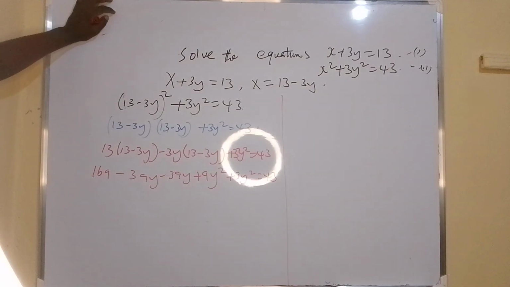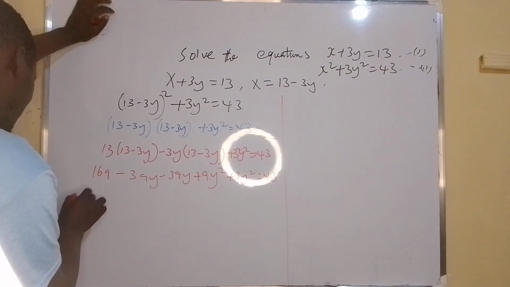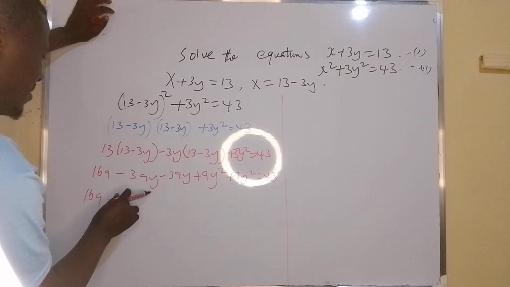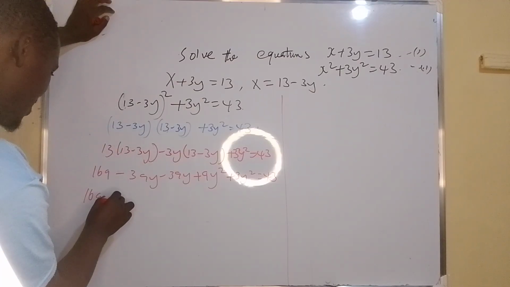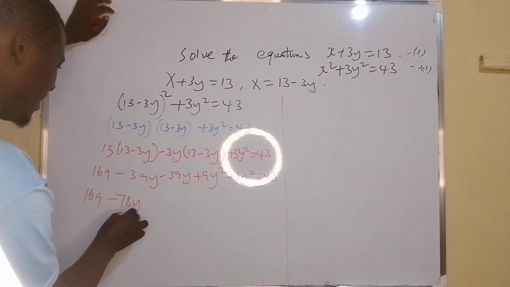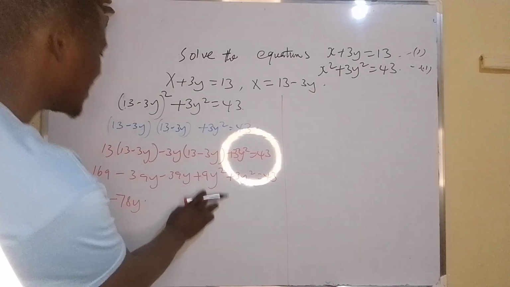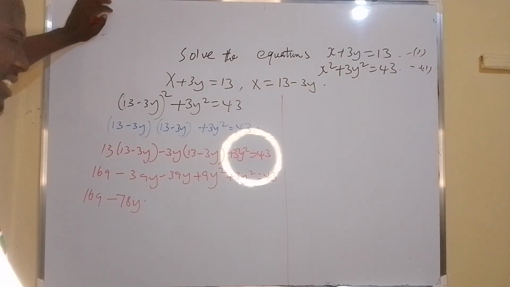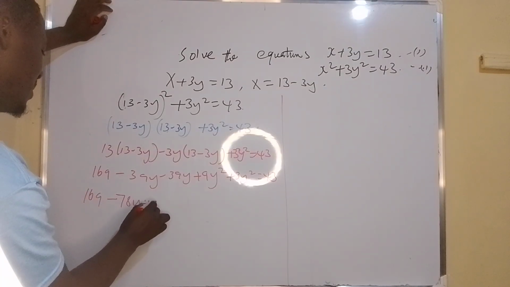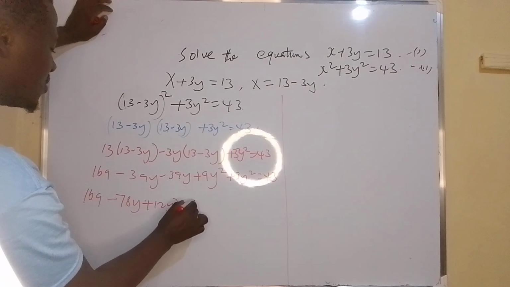That one means what? 169 minus 78y plus 9y squared plus 3y squared again, plus 12y squared, is equal to 43.